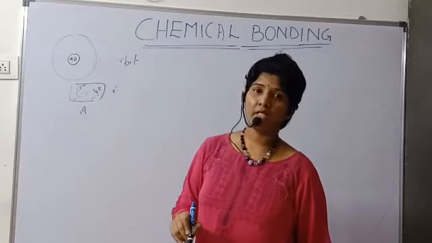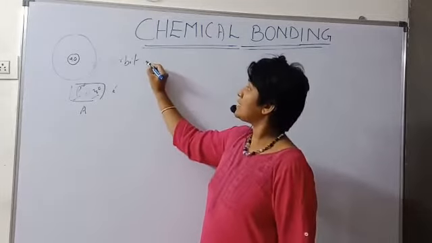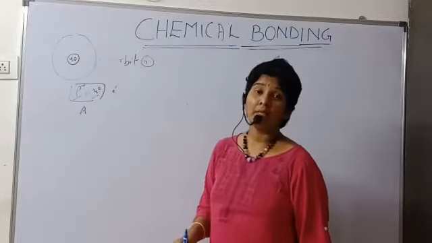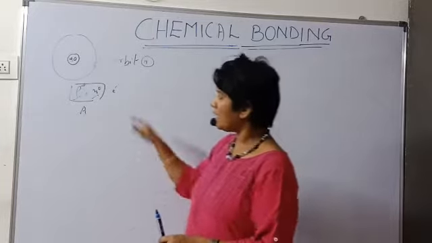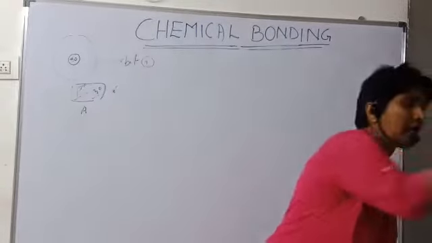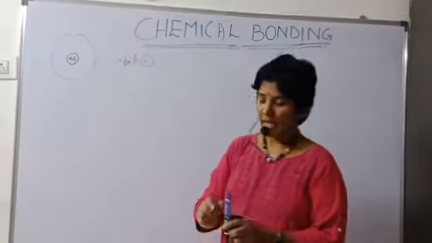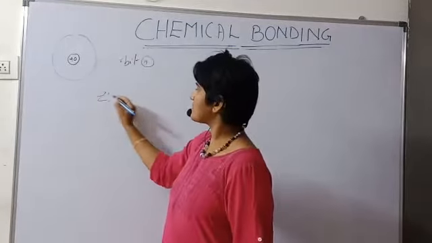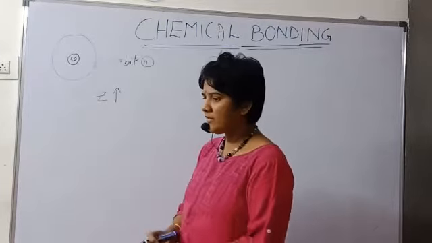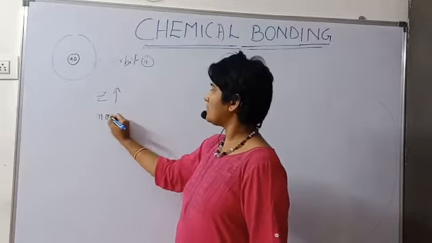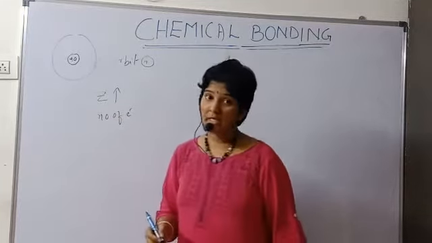Or main energy level, which you have learned already, that the orbit is explained by the principal quantum number. So around the nucleus, as atomic number increases, everyone knows that the number of electrons increases.